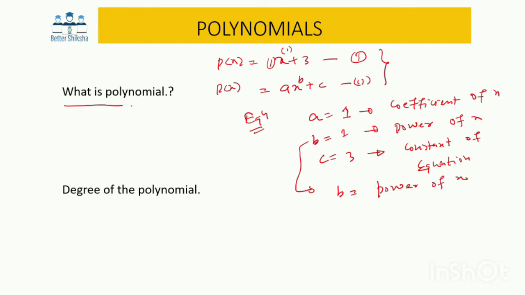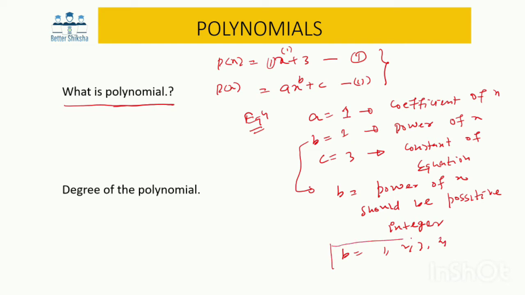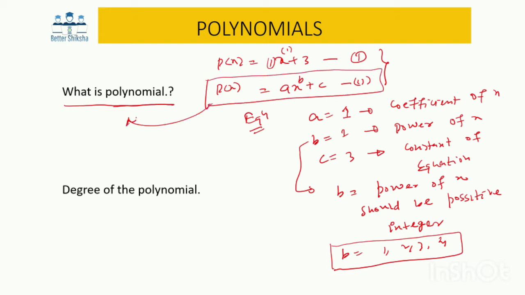So for knowing the polynomial, this b value, meaning the power of x, should be a positive integer. If in any given equation the power value b is represented as a positive integer, then we can simply say that this given polynomial is a polynomial, right?